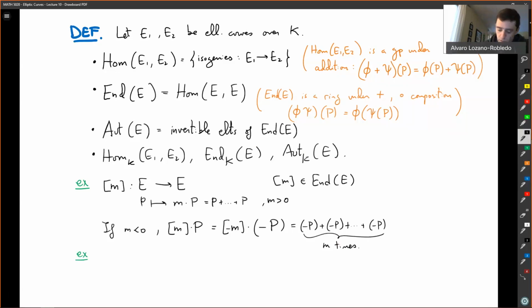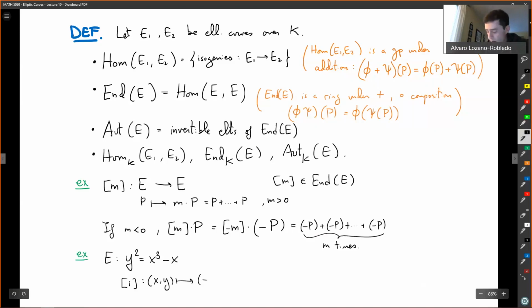So for example, if E is y squared equals x cubed minus x, then there is an extra endomorphism that we're going to call i, and it sends (x, y) to (minus x, iy).